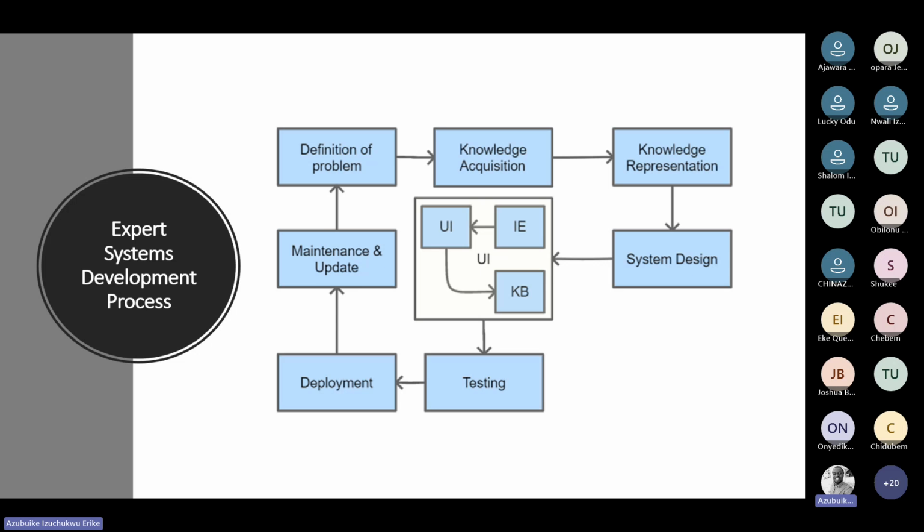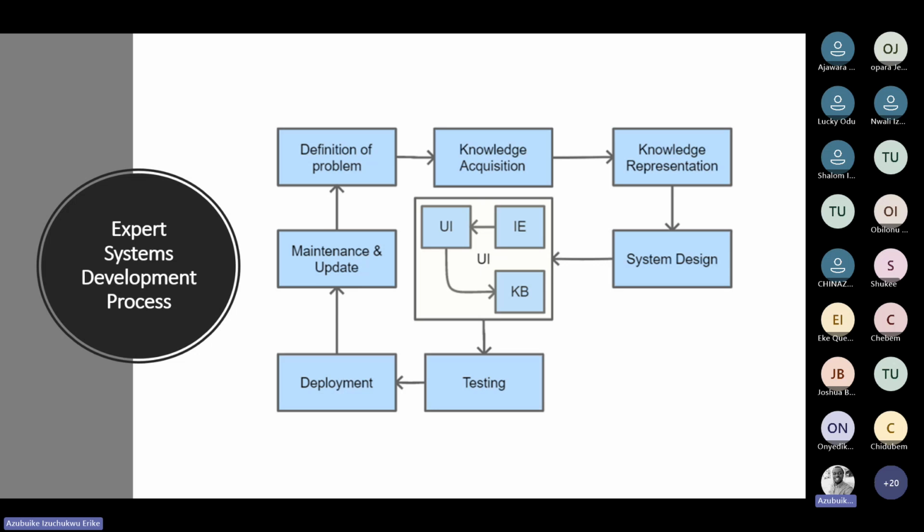Then after representing the knowledge of an expert in a particular way, the next thing is the system design. You design the system in such a way that you can access the knowledge and present it. Inside the system design, there are 3 things that you can design in your system.